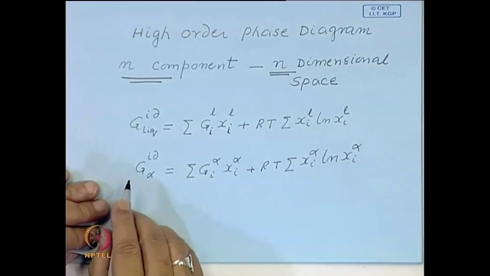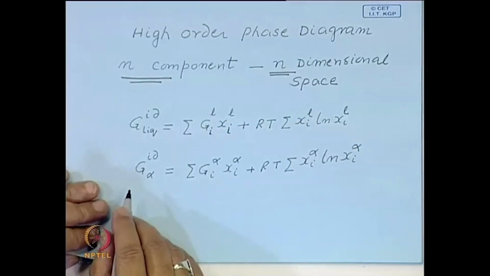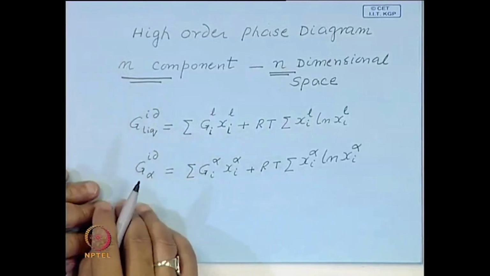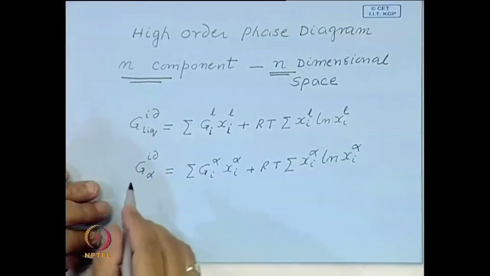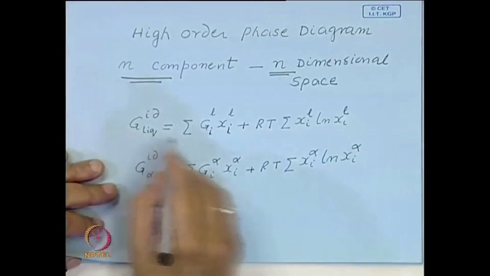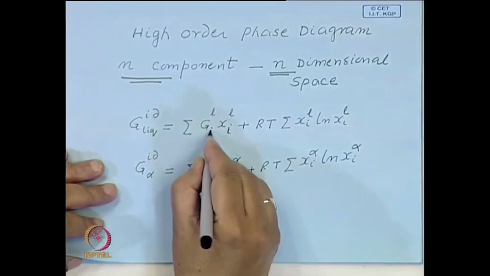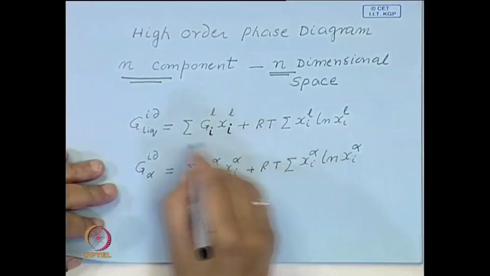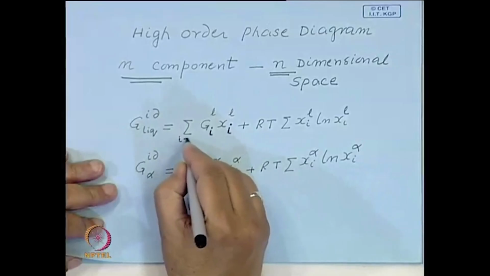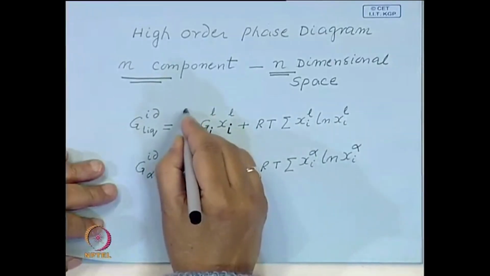Now, let us see, even for a simple isomorphous system, if we are trying to construct a phase diagram using mathematical techniques, how do we proceed? Suppose we say that i represents a particular component, and this i extends from, let us say, 1 to n.